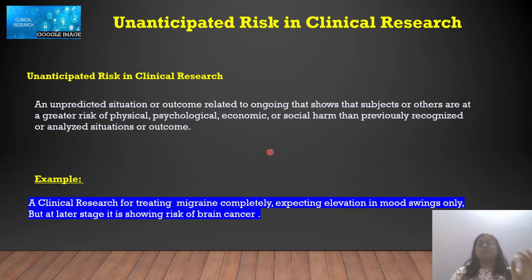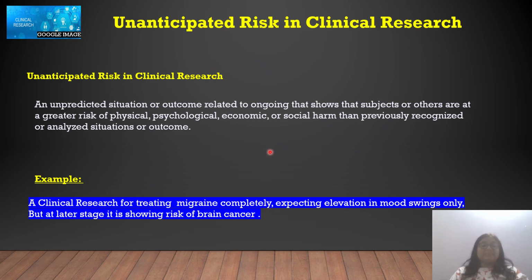So, we have seen that unanticipated is not expected. That's why in clinical research also, what was previously recognized or analyzed, that this situation may happen, may arise, this was a situation that came suddenly.